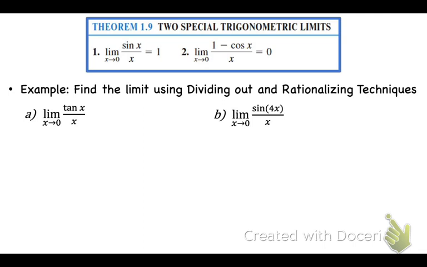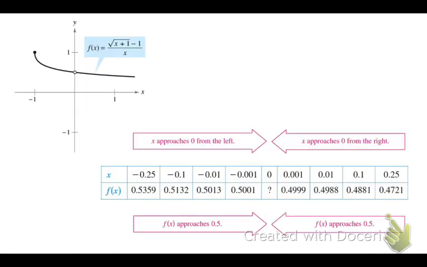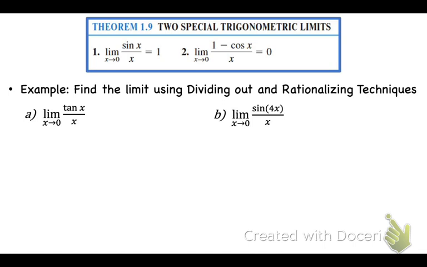Okay, special trig theorems. Two special trigonometric limits. The limit as x approaches 0 of sine of x over x is 1 every single time.